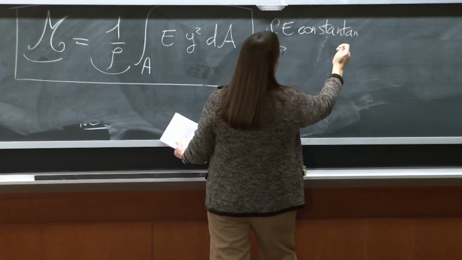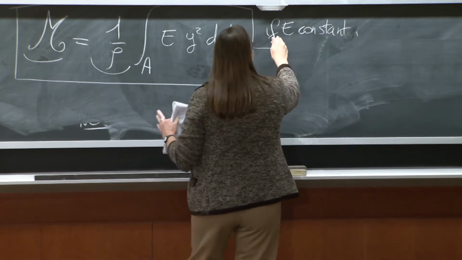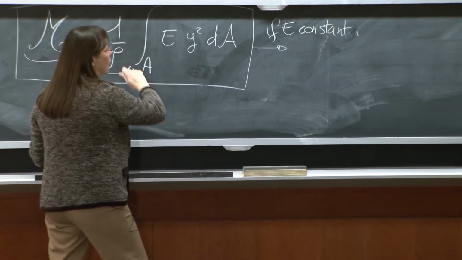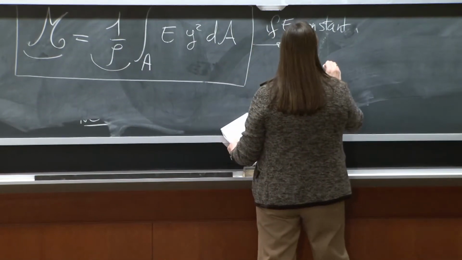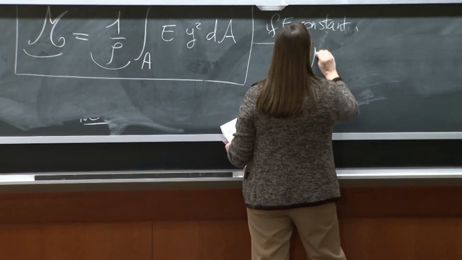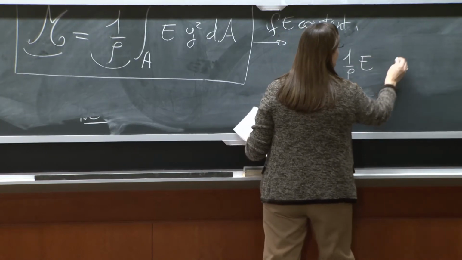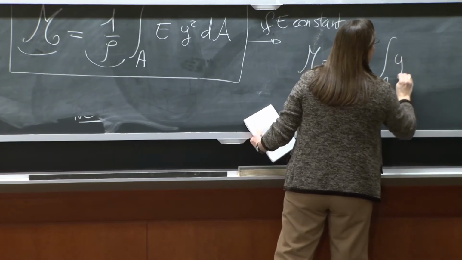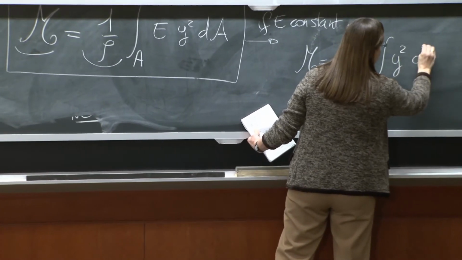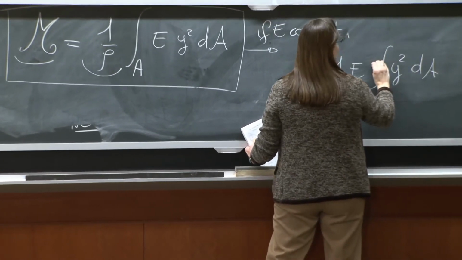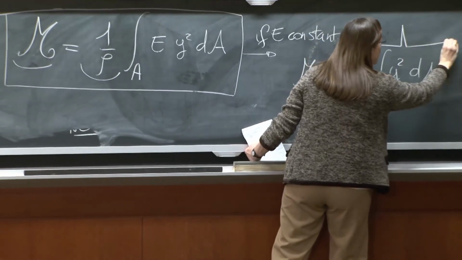So if E is constant, then I can take it out, and I get that the moment is equal to 1 over rho times E times the integral over A of y squared dA. This is just a geometric property of the area.